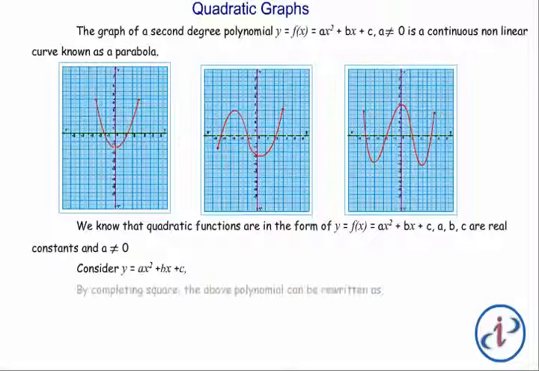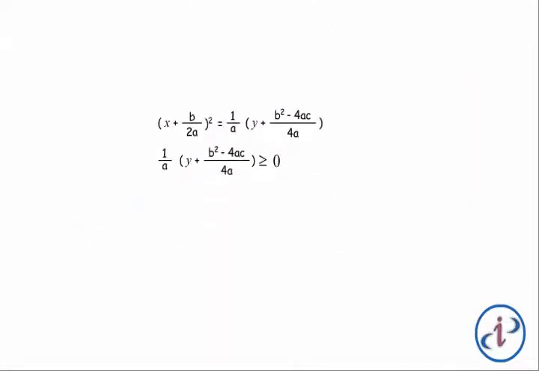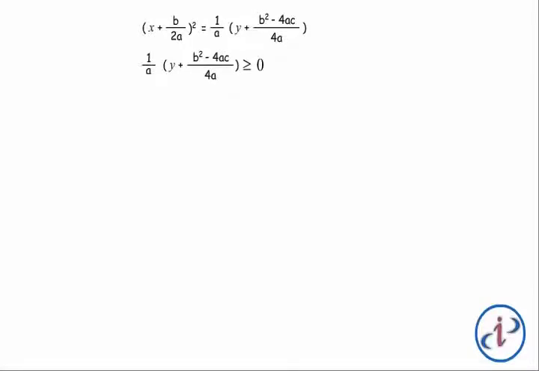By completing squares, the above polynomial can be rewritten as shown. From the above expression, we can write the vertex of the curve as V is equal to minus b by 2a, 4ac minus b squared by 4a.